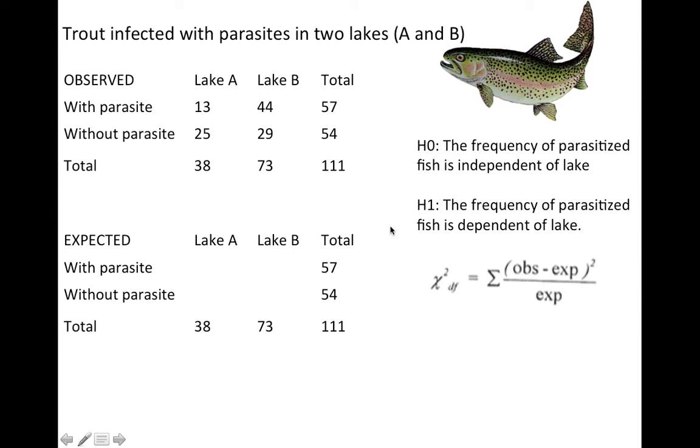And to get these frequencies, we use our marginal totals. And you can think of it like this. If the frequency of parasites were independent of lake, and we had caught a total of 57 fish with parasites and 38 fish in Lake A, the probability of a fish ending up in this position is the joint probability of a fish being infected with a parasite and coming from Lake A. And to get an absolute frequency, we also have to multiply by the total number of fish we have.